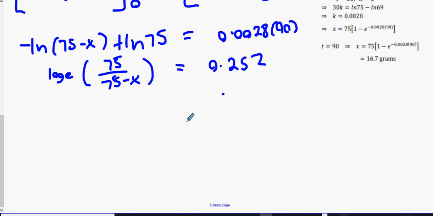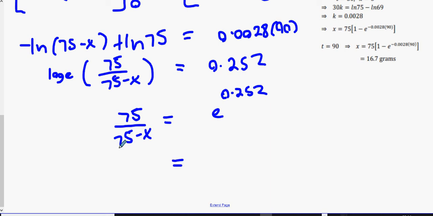Now we're going to go 75 minus x equals e to the power of what, lads? 0.252. Right. Bring up the 75 minus x, bring down the e to the minus 2.52.